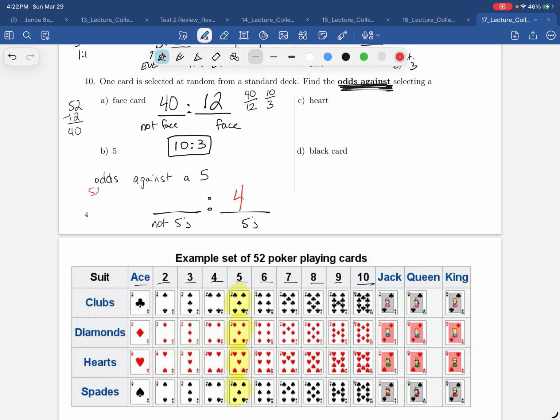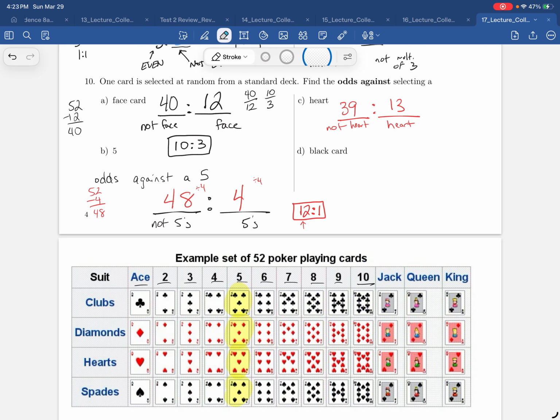Hearts, so odds against a heart, that means that we're going to put hearts second and we'll put the not hearts first. If you want to count them all, we could say there's 13 and 39. That also works. But because there's the same number of cards in each suit, I could even just say that as far as the suits go, we have hearts, clubs, diamonds, and spades.